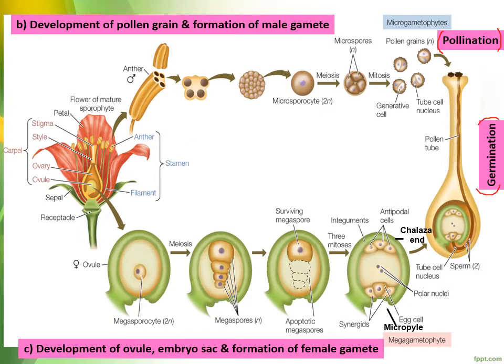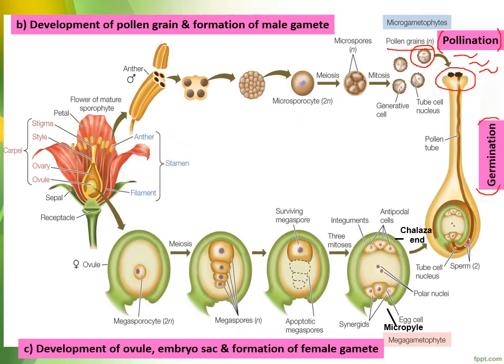Okay, so what is pollination? Pollination is basically the transfer of pollen grains from the anther to the stigma. So there's a pollen grain here, and let's assume this pollen grain is carried by the wind, and then it lands on a stigma.